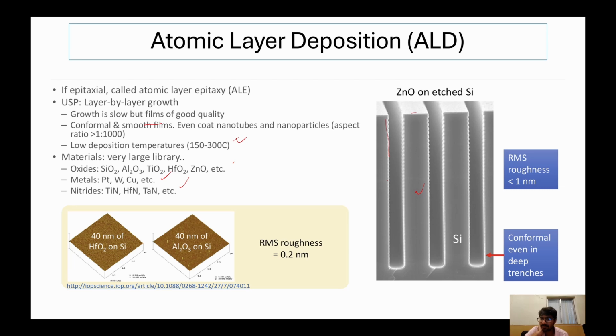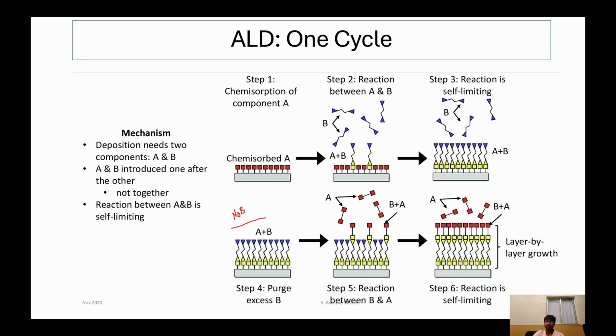The RMS roughness is less than 1 nanometer, and it is highly conformal even at the deepest point of the trench. So there are certain parameters you need to play with so that you can get highly conformal growth in this way. That we will discuss now.